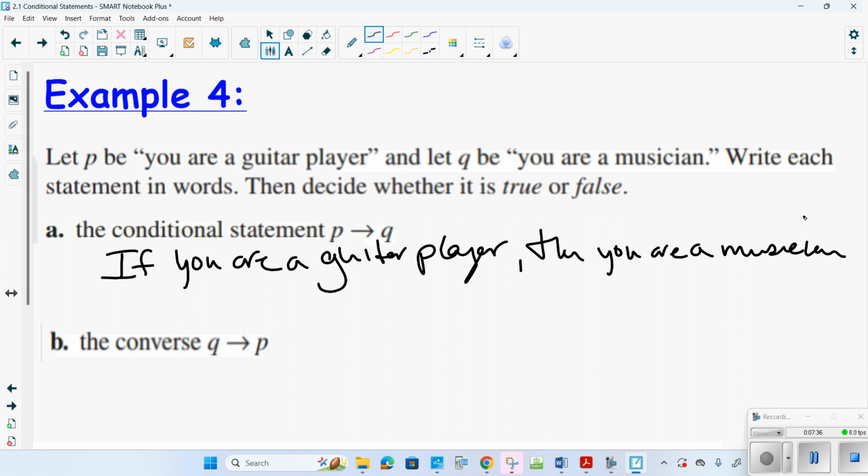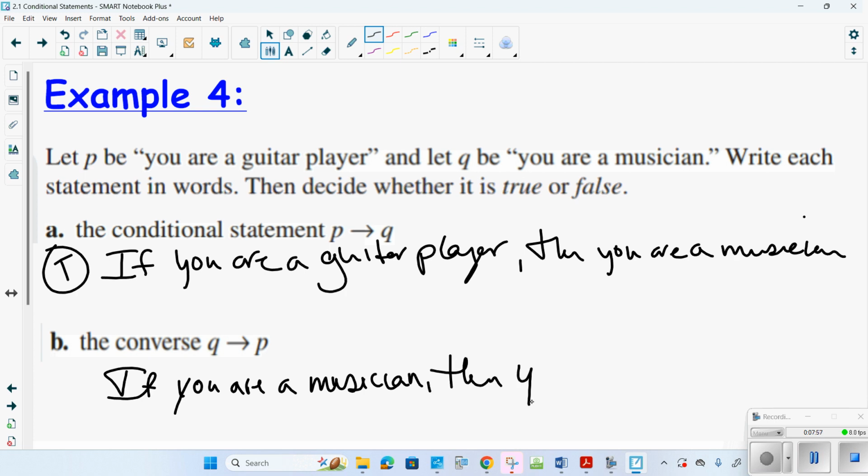If I can play the guitar, I would be classified as a musician. I would put true there. The converse. Now you're going to take the hypothesis and the conclusion and switch places. So if you are a musician, then you are a guitar player.